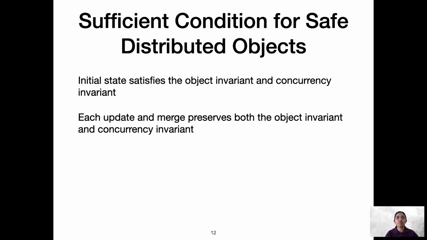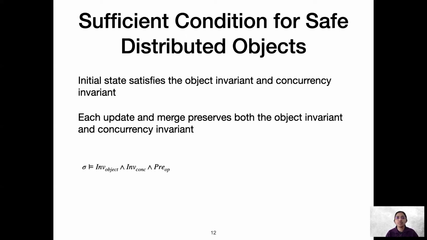So now we come to a proof rule for verifying safe and highly available distributed objects. If the initial state satisfies both the object invariant and the concurrency invariant, and each operation and merge preserves them, the distributed object is safe in all executions. We use Hoare logic style assertions to verify the safety of each operation and merge.